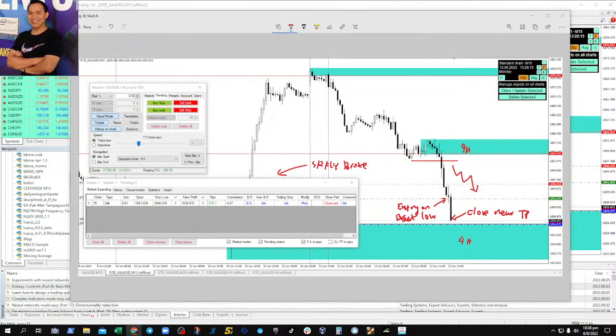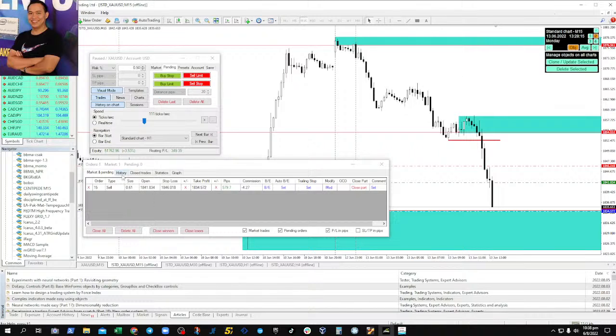This will be trade number 18 for the month of June, if we're counting correctly, and it's on the 13th of June. The entry time was 6 o'clock.